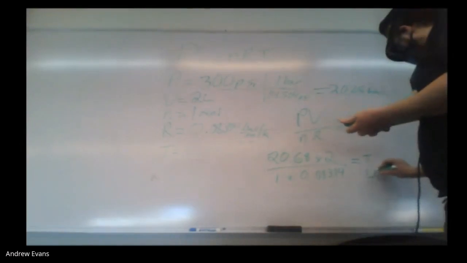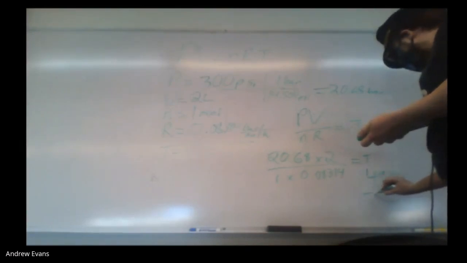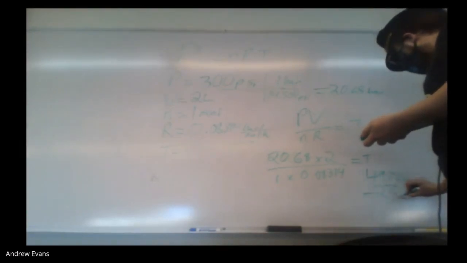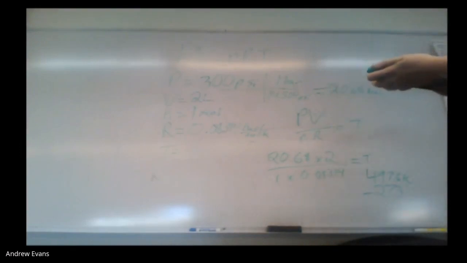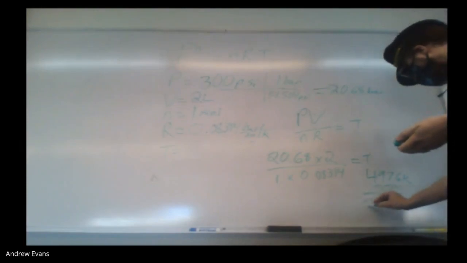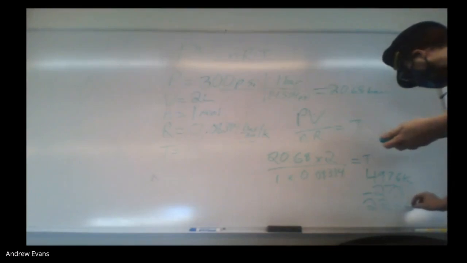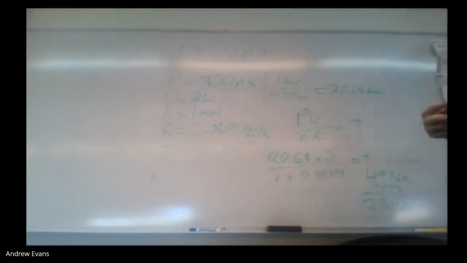497.6 Kelvin. To answer the question, we have to turn it back into Celsius by subtracting 273. Your answer would be it can be heated up to 224.5 before it pops.